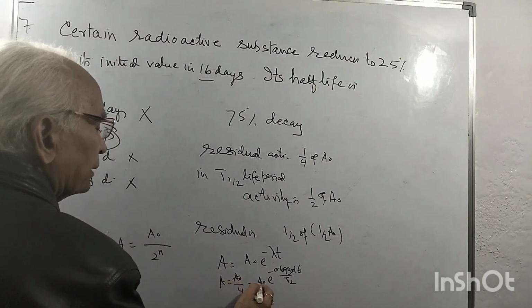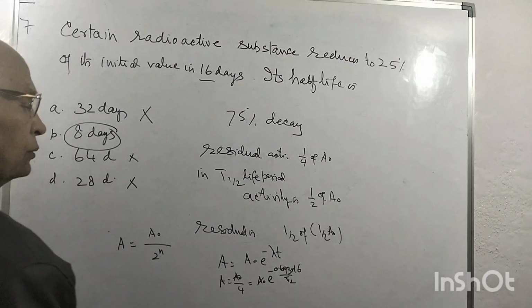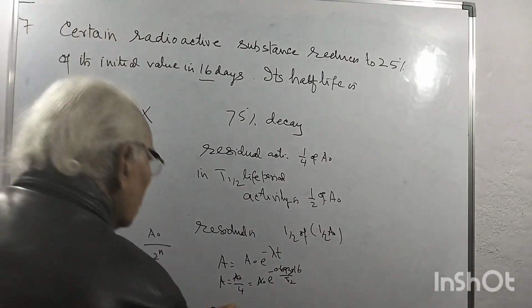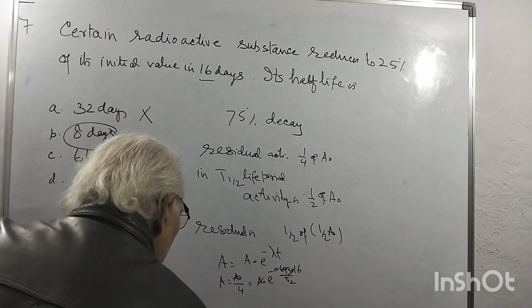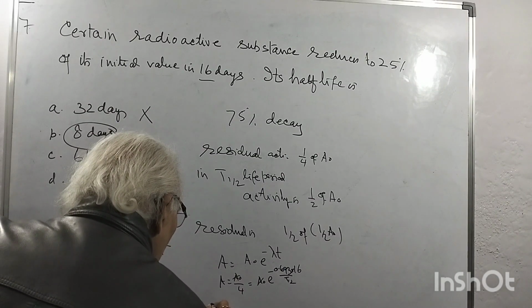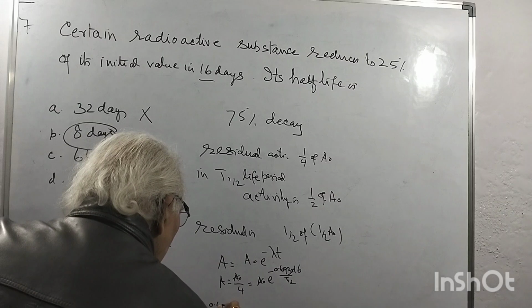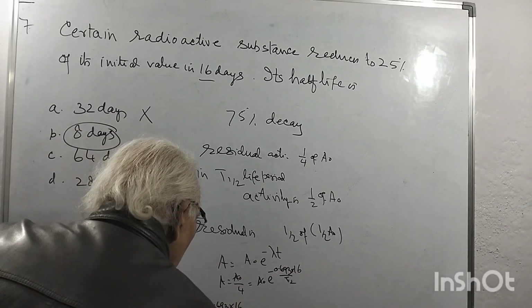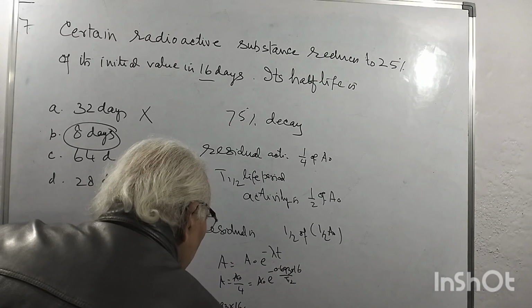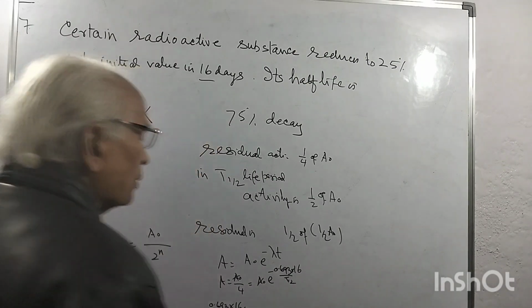A naught gets cancelled. Then you see e to the power 0.693 into 16 over t half is equal to 4.